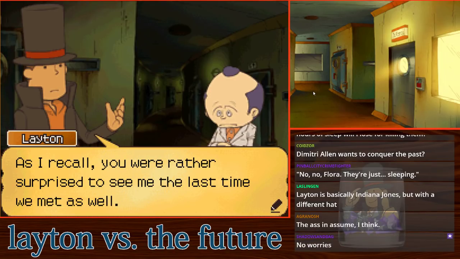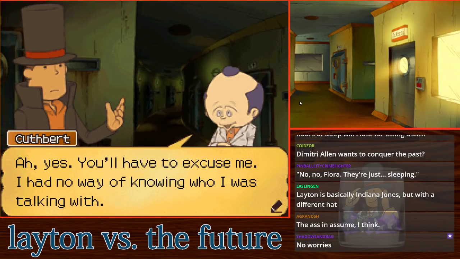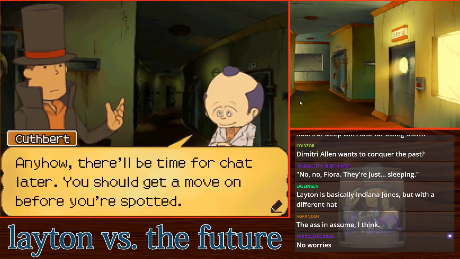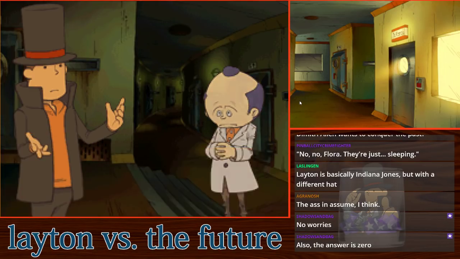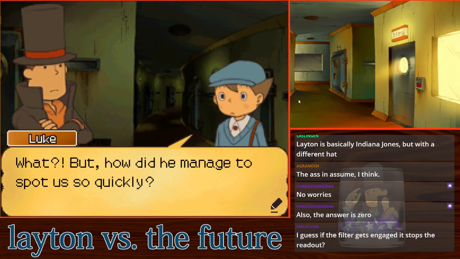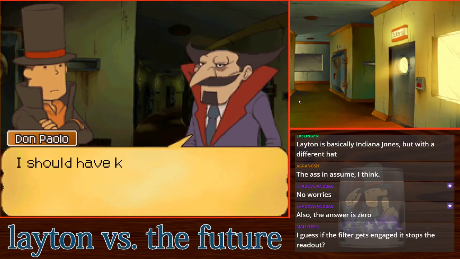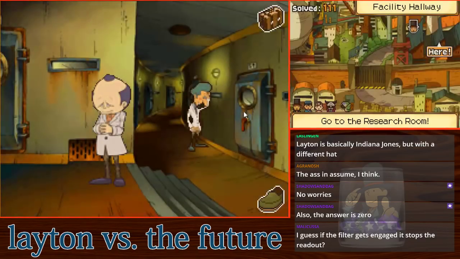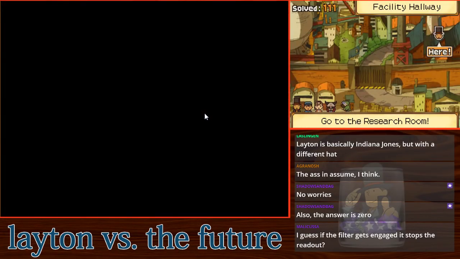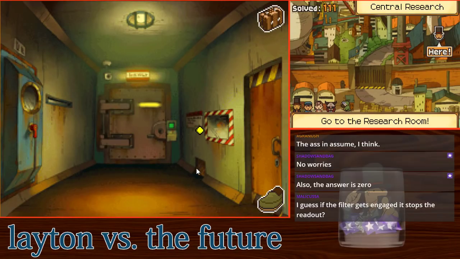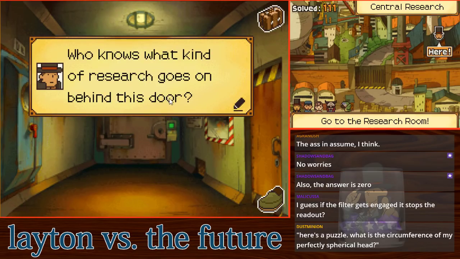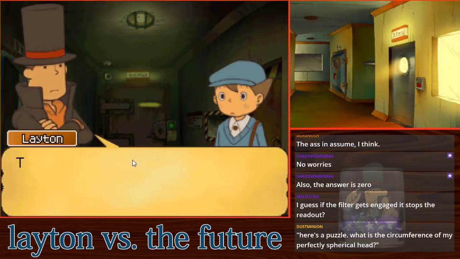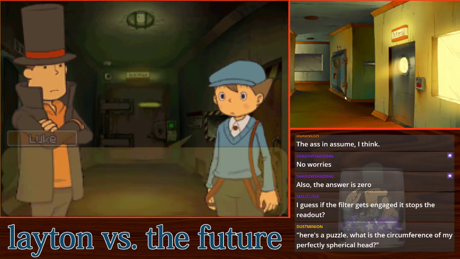Wow, the real Professor Layton. I only met the fake one. Extremely heavy puzzle door.